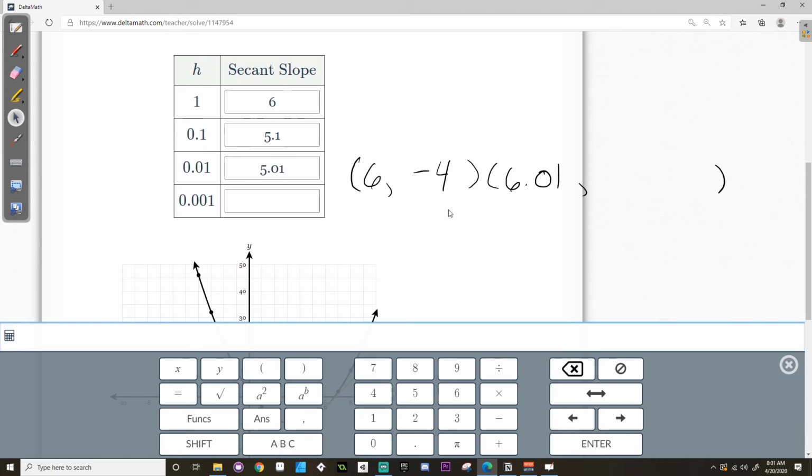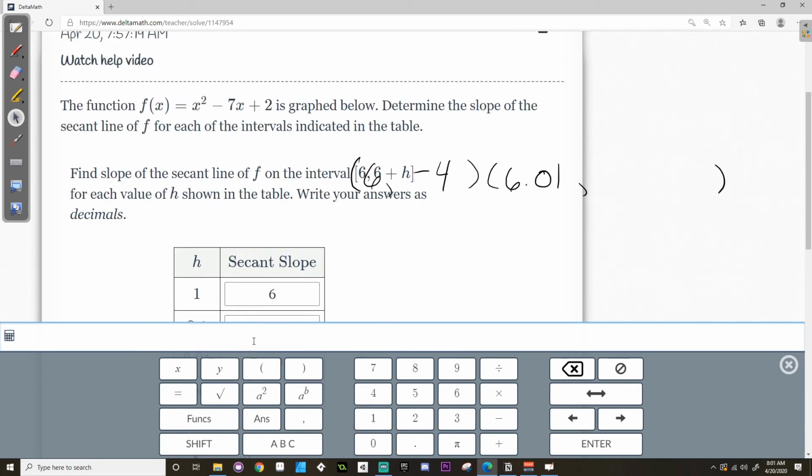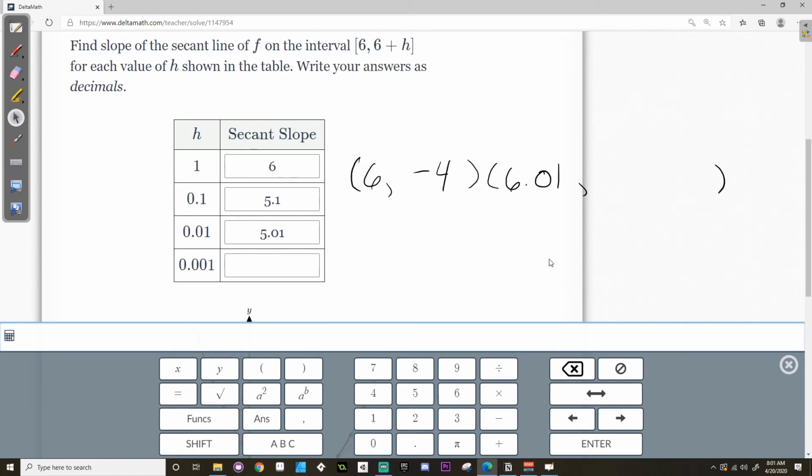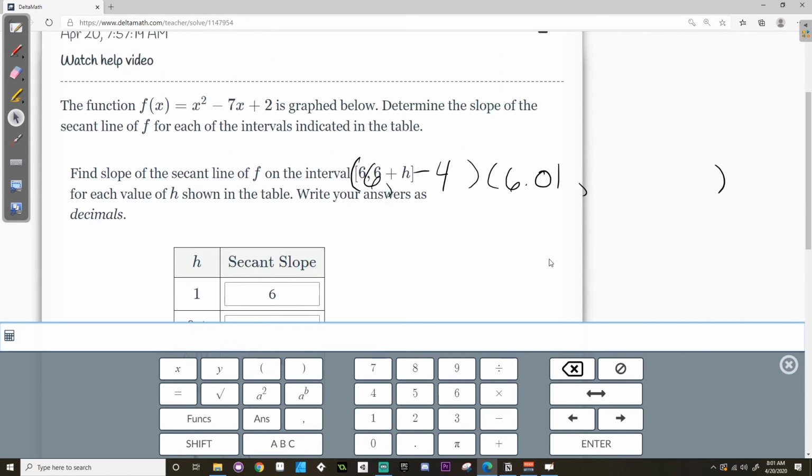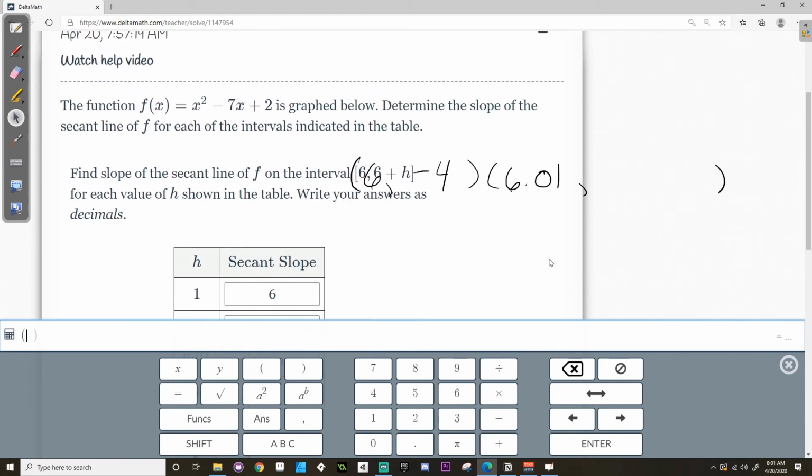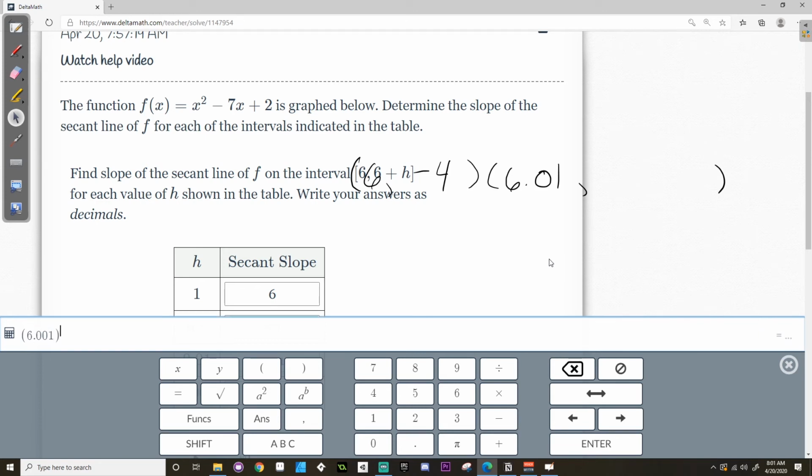Oh gosh, I can't go back up. All right, that's frustrating. So next is 6.001. So parentheses 6.001 squared minus 7 times 6.001 plus 2.